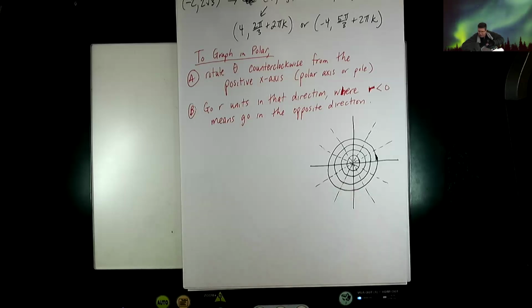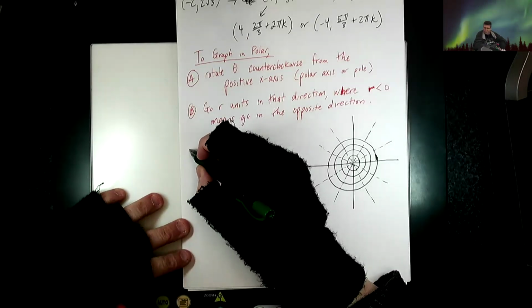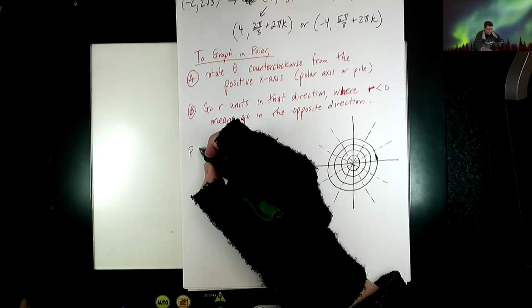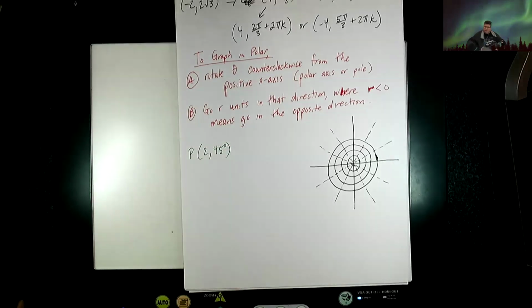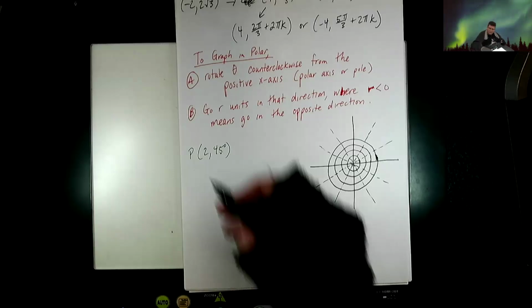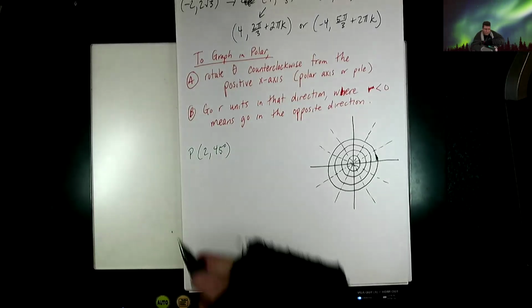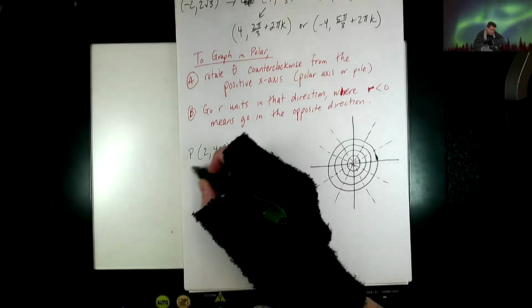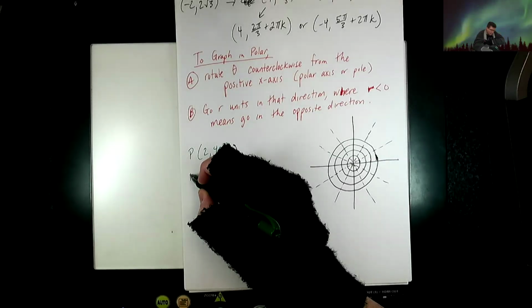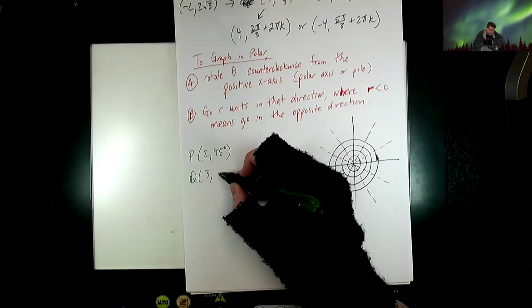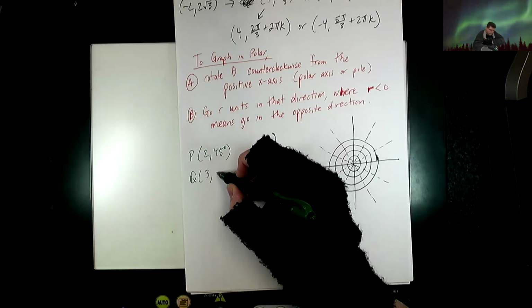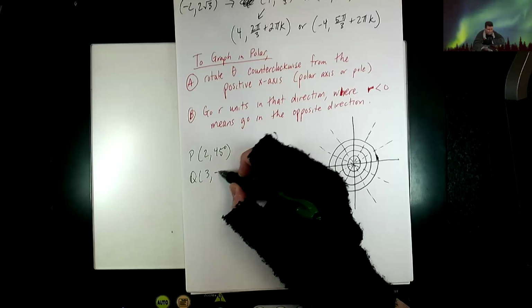Actually, I should have where those were already. We already know where that results in. Let me give you some different points for these. Let's do point P, I don't know, at (2, 45). Let's make sure I got each set up. Let's do Q is at (3, negative 30 degrees).